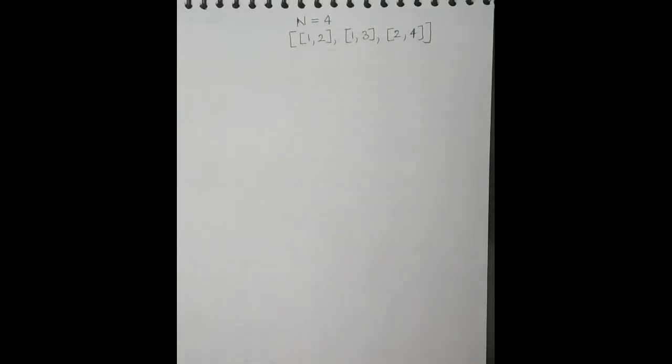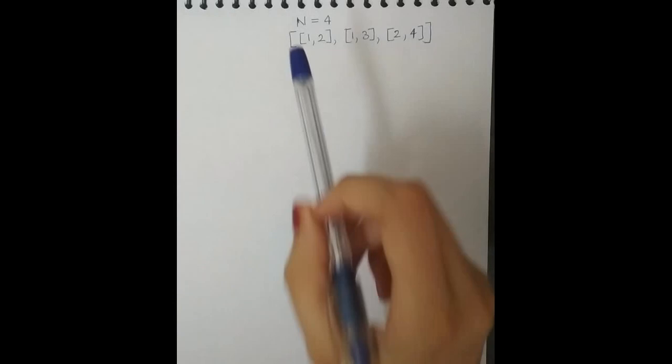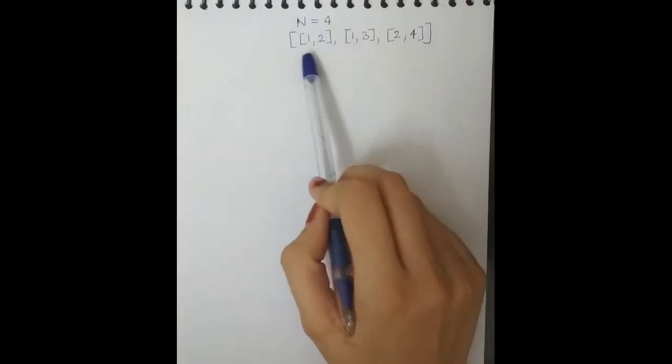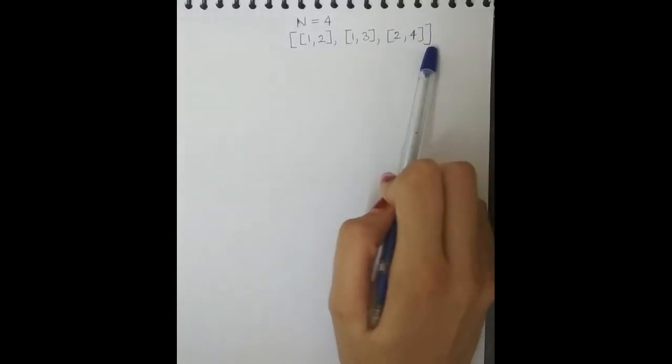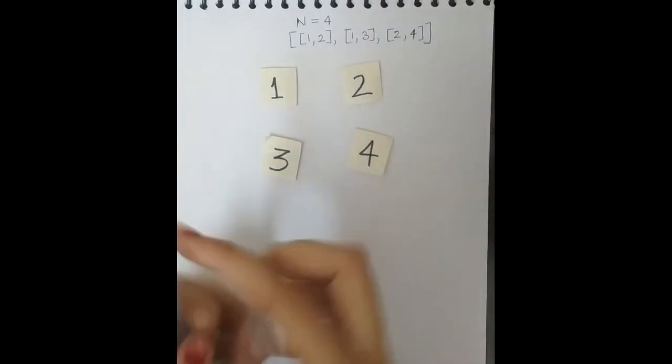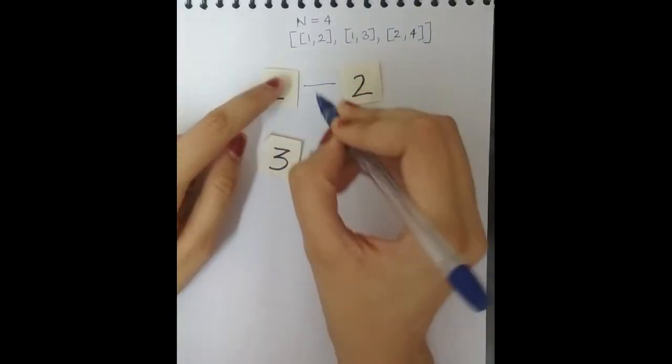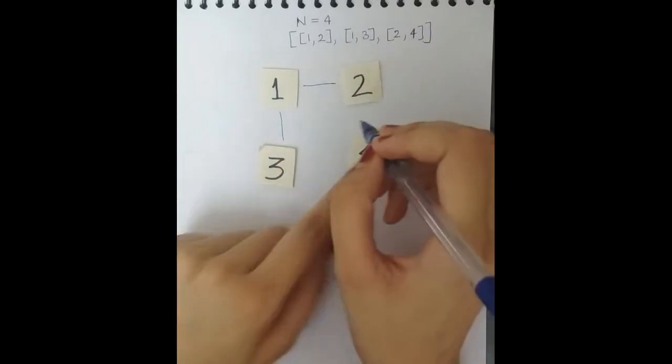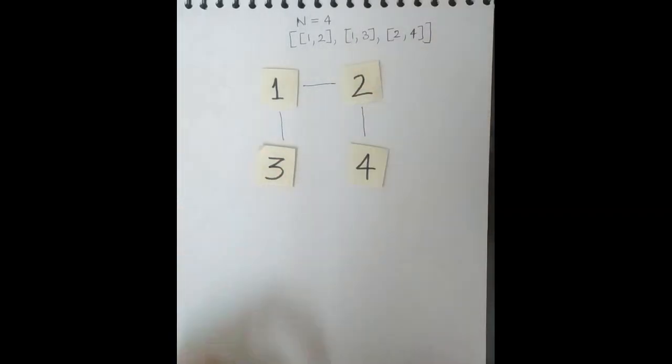So as we can see here, we are moving on to the next example. Here n is equal to 4 and the dislikes are given as 1 comma 2, 1 comma 3 and 2 comma 4.